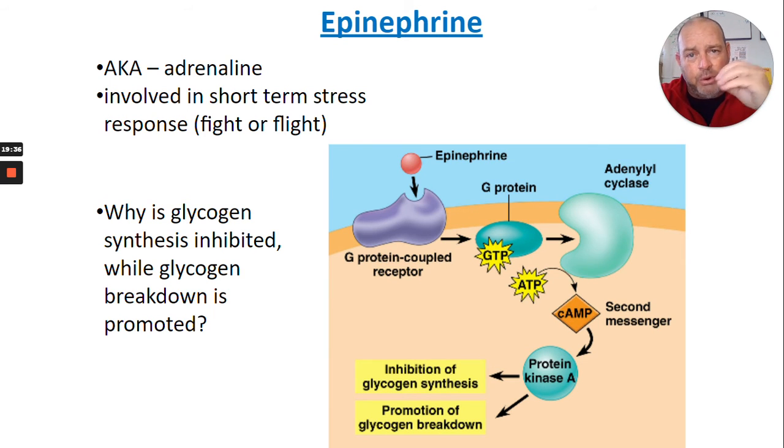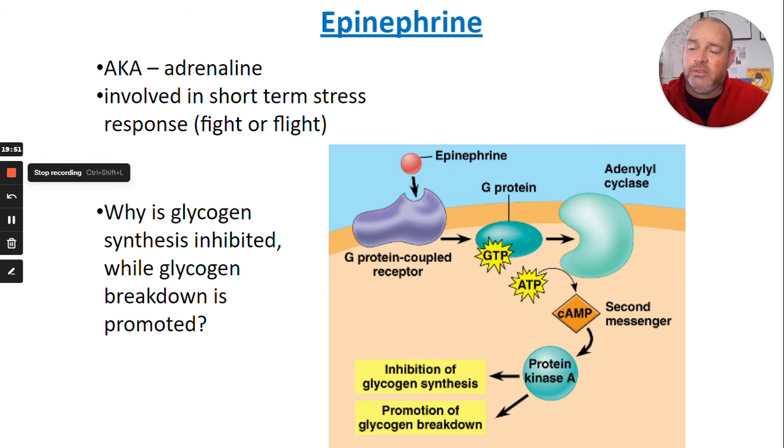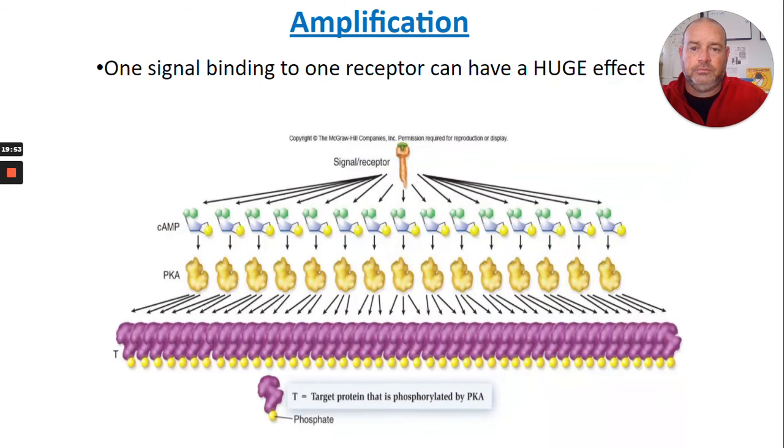So you need that burst of energy right then. And so that kind of answers this question, right? You don't want to spend time building stuff when it's fight or flight time. It's time to break it down and use it. That's why you have it in reserve right there. That's why you're storing it, just in case you need it for stuff like that.